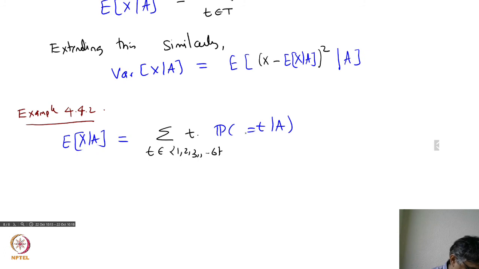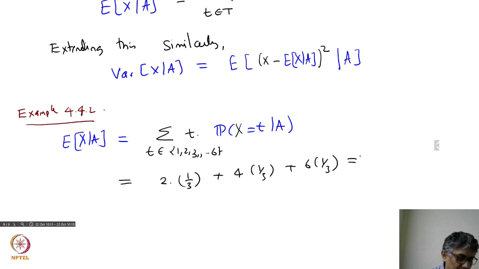But we know it's 0 for odd and 1/3 for even, so I get 2 times 1/3 plus 4 times 1/3 plus 6 times 1/3. 2 plus 4 is 6, 6 plus 6 is 12, 12 divided by 3 is 4.